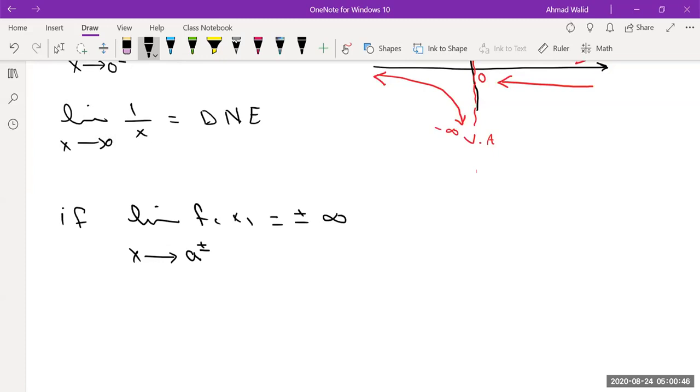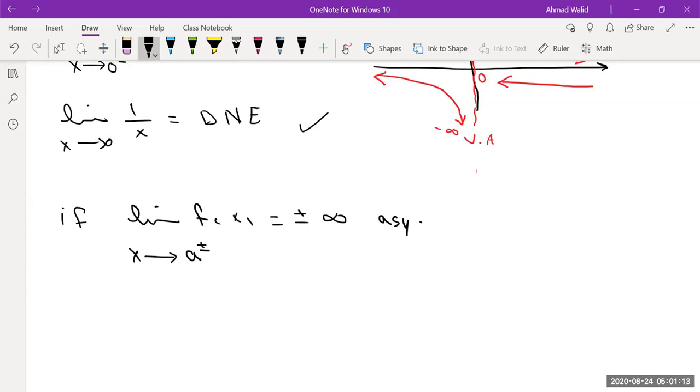That means that's your asymptote. For example, in some examples later in chapter 3, when we are graphing curves, curve sketching, we use the idea of the limit in that chapter to find the vertical asymptote.